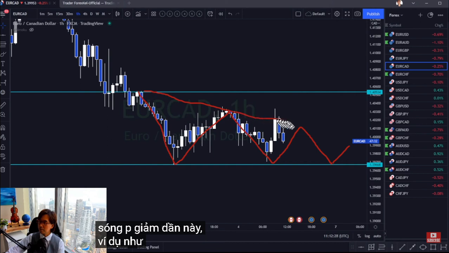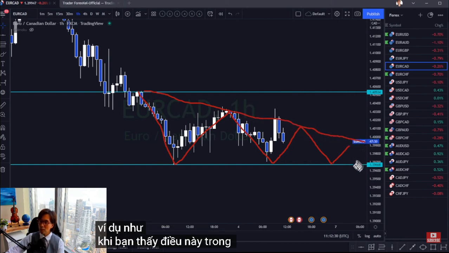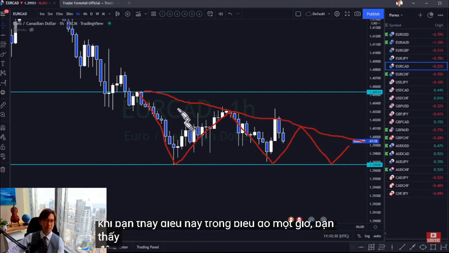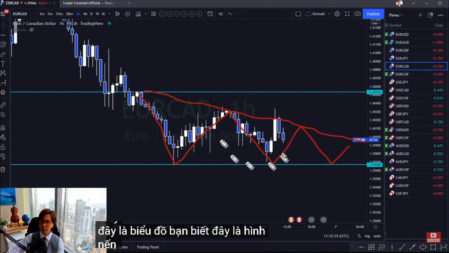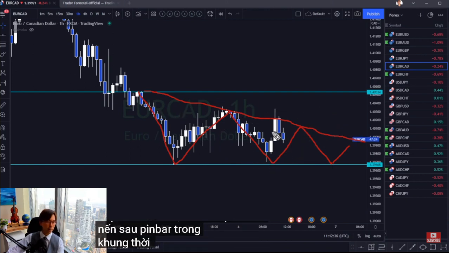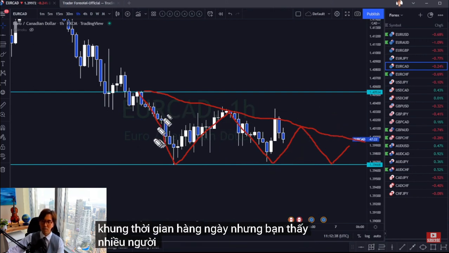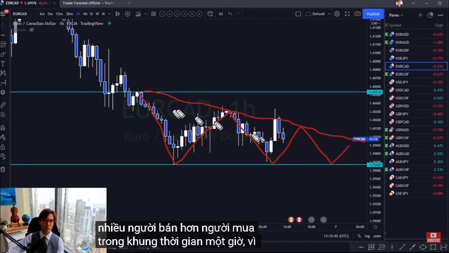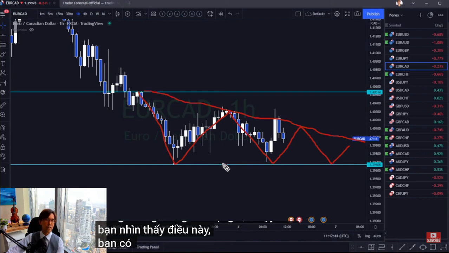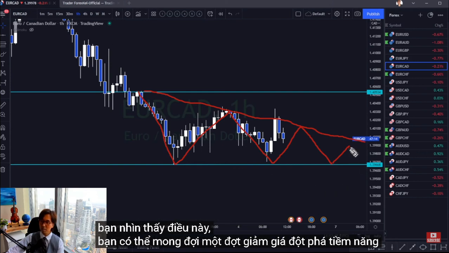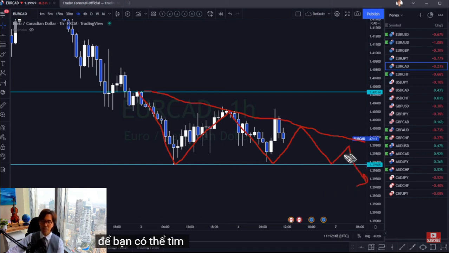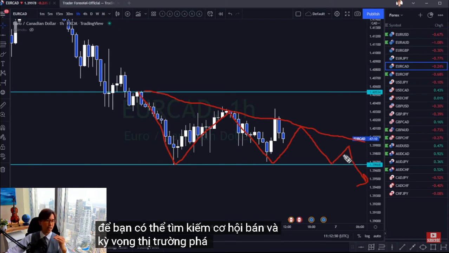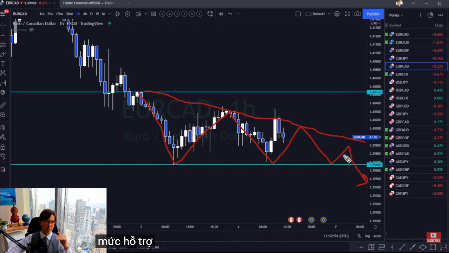For example, when you see this in the 1 hour chart, after the pin bar in the daily time frame, you see more sellers than buyers in the 1 hour time frame. So when you see this, you can expect a potential bearish breakout. So you can look for the sell chance and expect the market to break the support level.